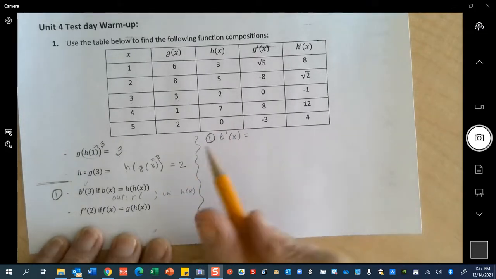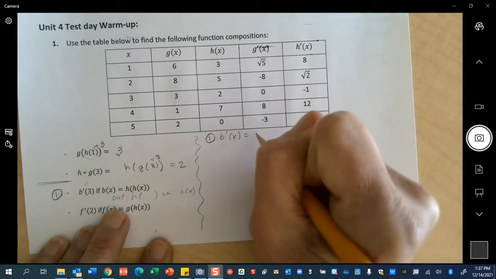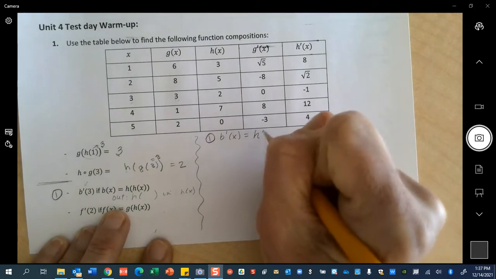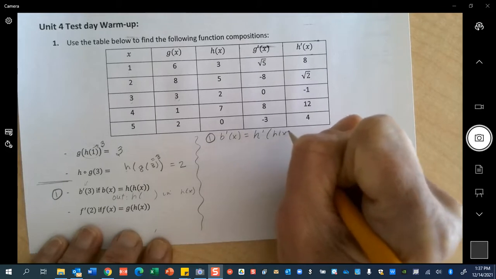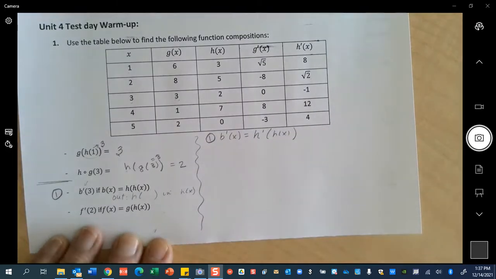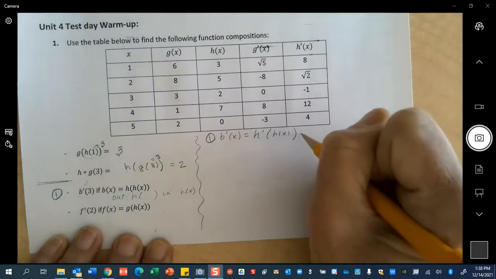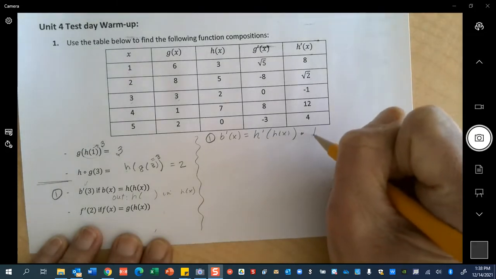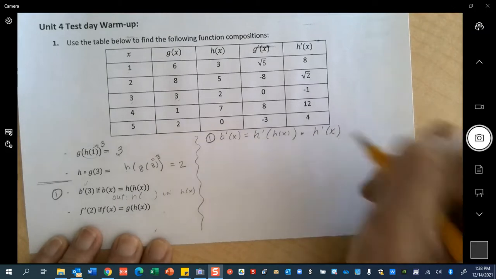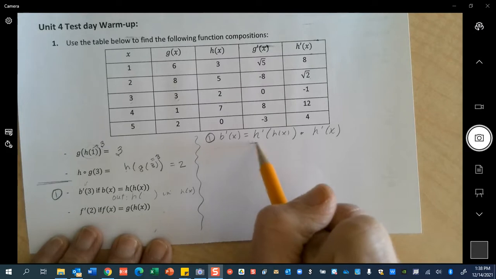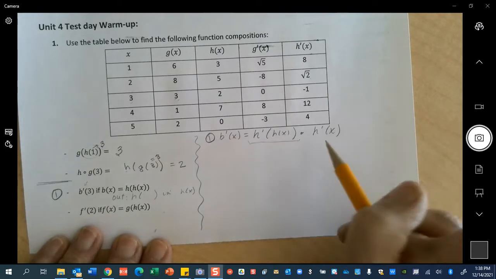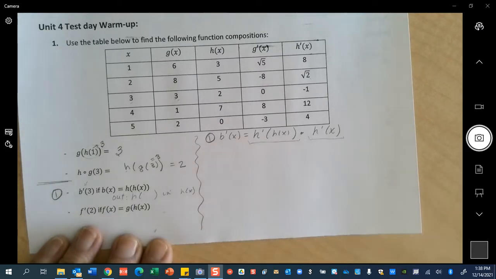So I have to apply the chain rule. So what this ends up being is the derivative of that, and then what's inside of it remains the same. And then I'm going to multiply it by the derivative of what's inside. So here's my outside function, and here is the derivative of the inside function.